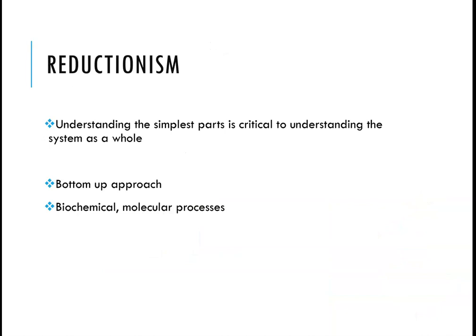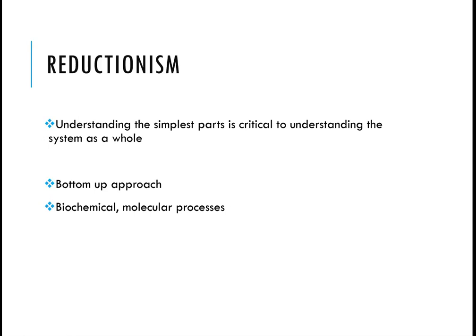Now, this sort of leads into the idea of reductionism. So reductionism comes from the word reduce, or to reduce something. When you reduce something, you look at its most basic parts. What are the things that it is made of?